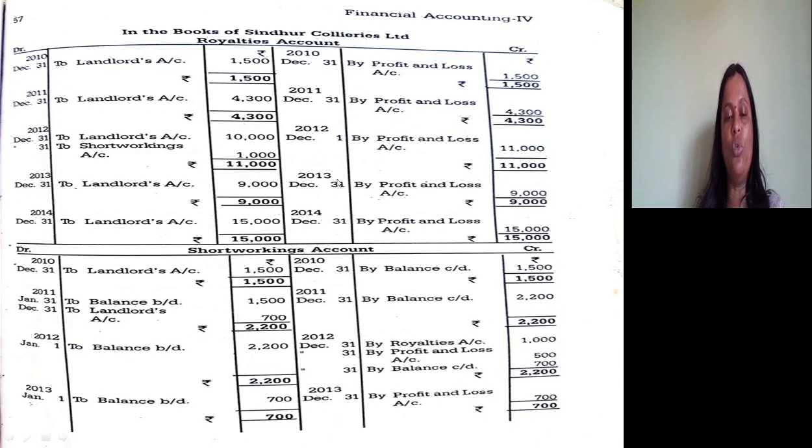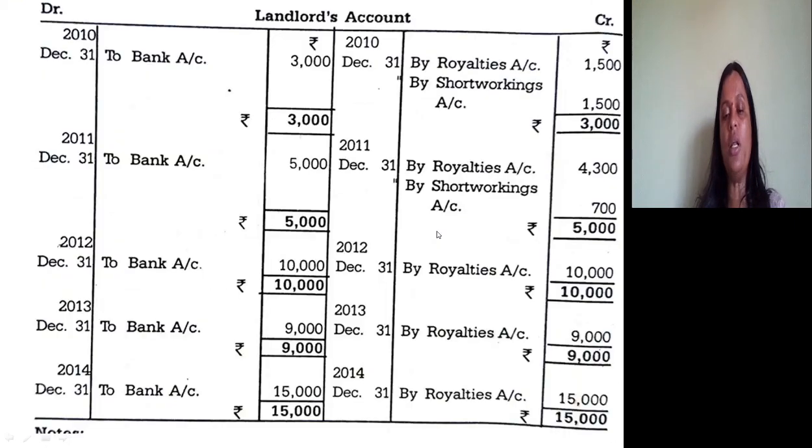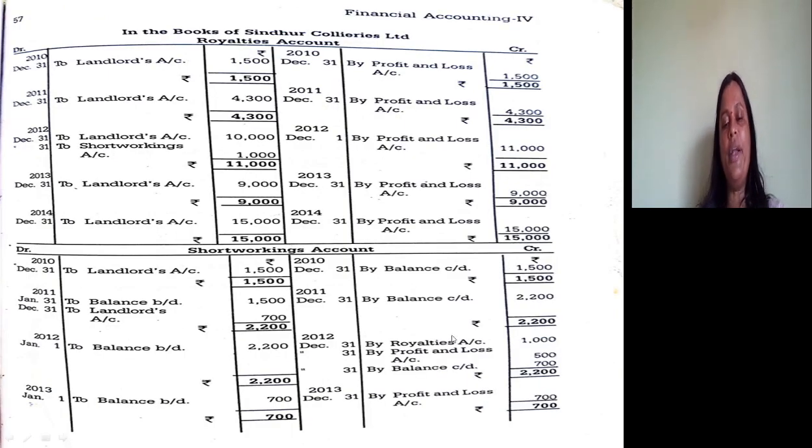This should be closed by transferring it to profit and loss account. Then the lessee needs to make the payment: landlord account debit to bank account 15,000. So there is no entry in short working.